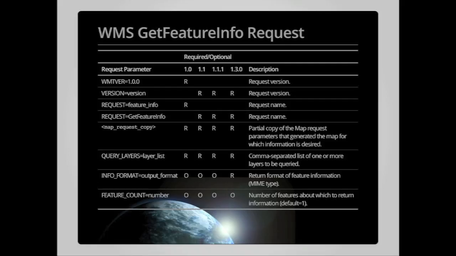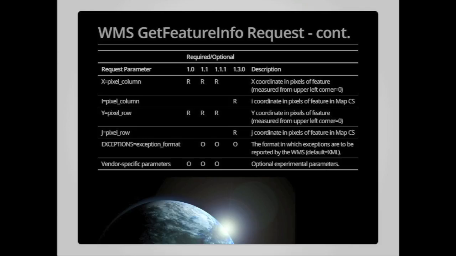So you can define this optional feature count parameter to define the number of features that you would like information about. If you don't provide this value, a default value of 1 will be used. So you'll get information about one feature for each of the layers provided in the query layers list.